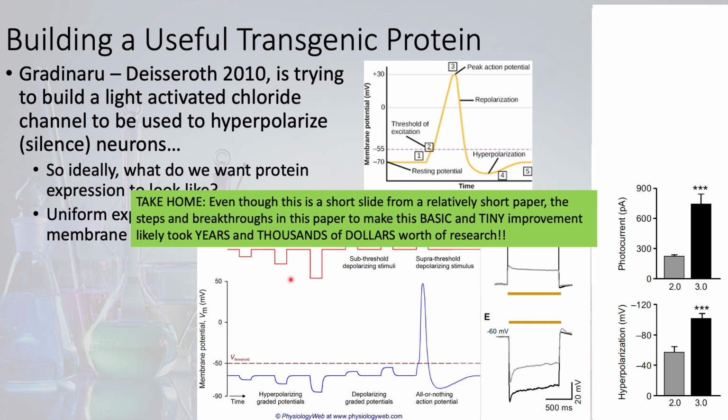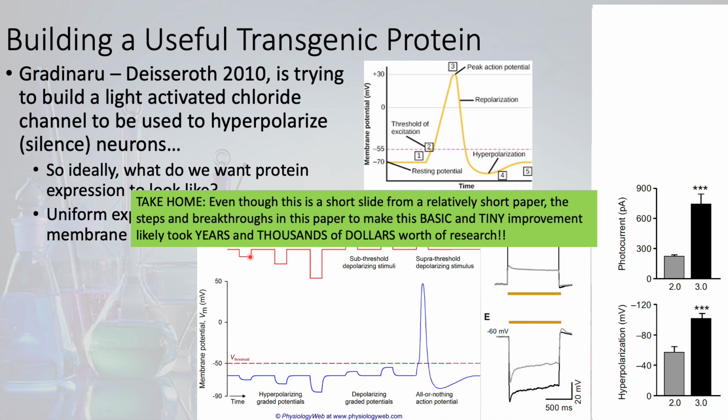So what this would look like if we were comparing our action potential over here is something like this. Up here we have our red trace, which is meant to be an example of what would happen if we had correct deposition of our chloride channel, right? We could shine light on it, which would cause our neuron to hyperpolarize.